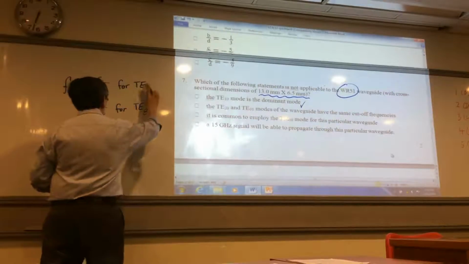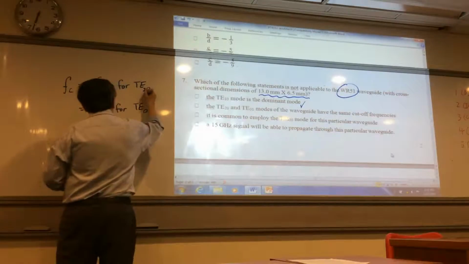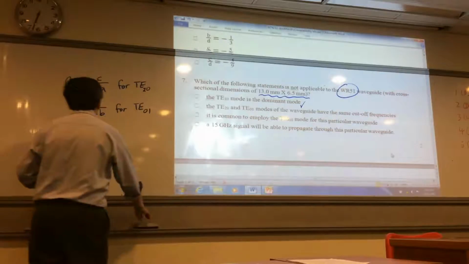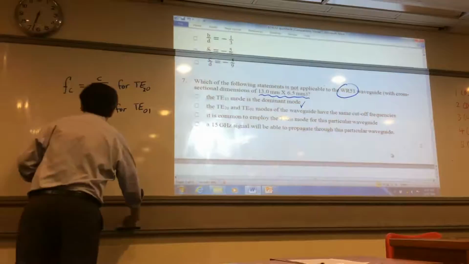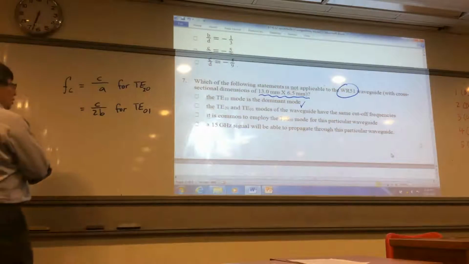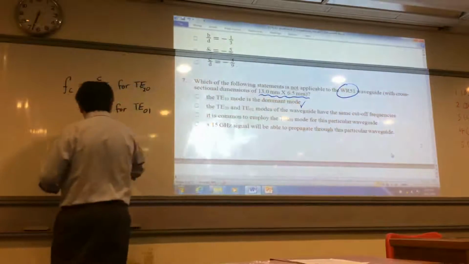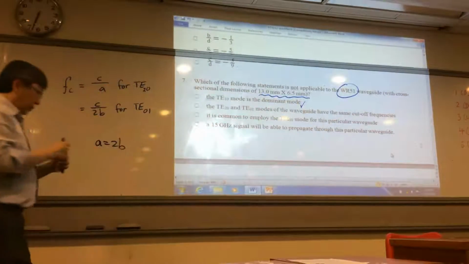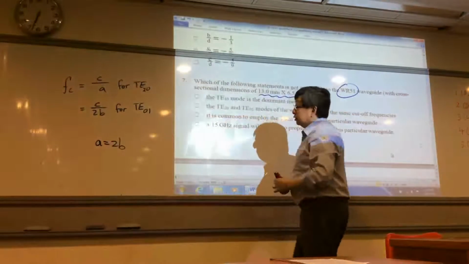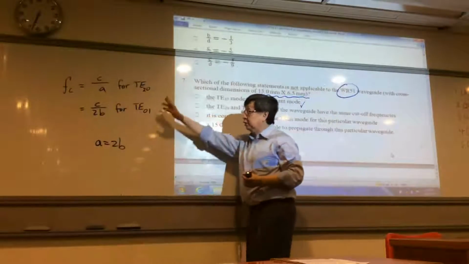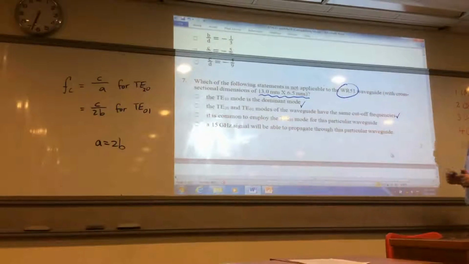So for TE20, this one here is like so. Now, if you look at these dimensions here, a is equal to 2b. So you substitute this into here, and you find that the two of them will have the same cutoff frequency. So this is true.